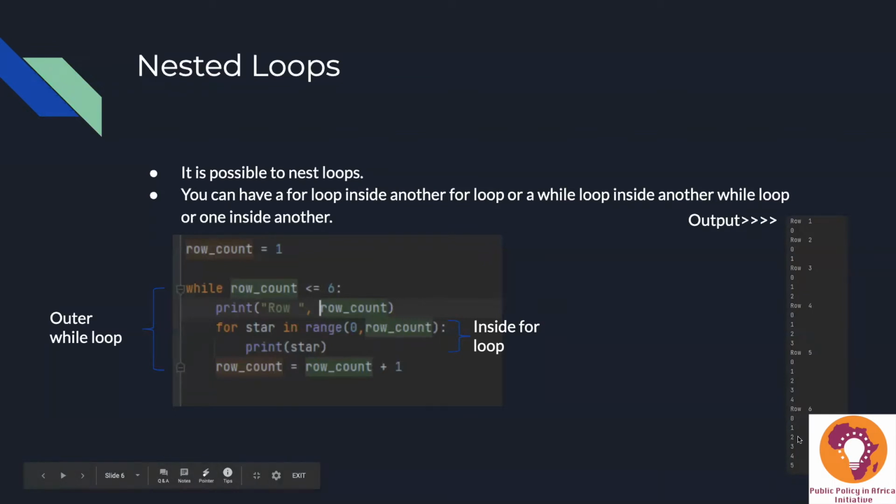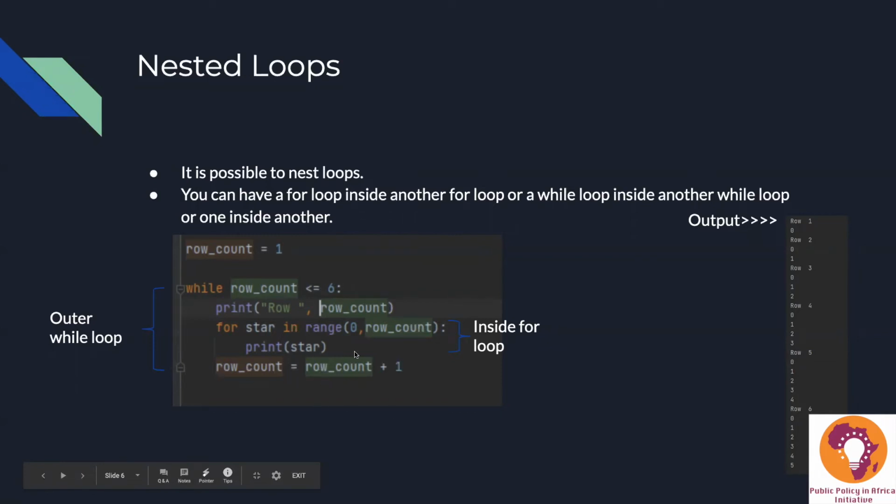So we have 0, 1, 2, 3, 4, 5, or 0 up to 6, sorry, not through. So it's exclusive again. So then we iterate over that range of numbers, and we print each of those numbers one at a time. So on the first iteration of that for loop, 0, second, we print 1, third, 2, fourth, 3, fifth, 4, and then sixth, 5.